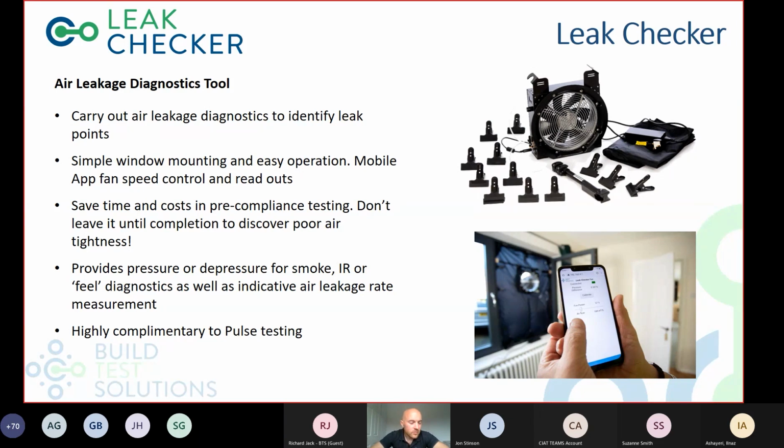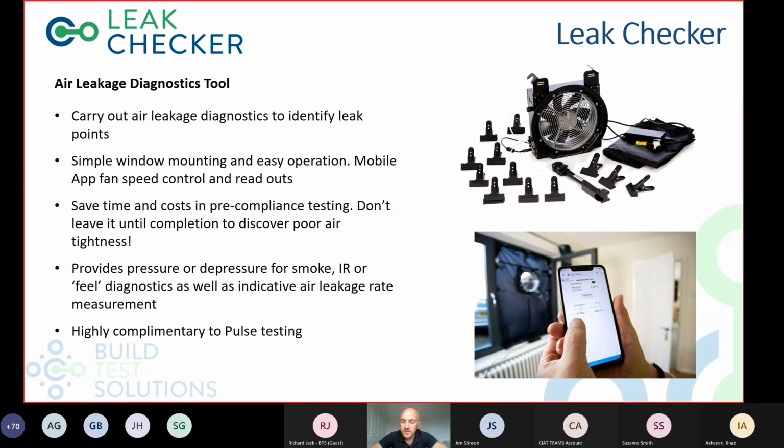At that point, all you can really do if it is leaking a lot is run around with a mastic gun or some expanding foam, which is not a lasting durable fix or a lasting durable air tightness barrier. So what we encourage is that a blower door fan and a specialist air tightness testing operator, or indeed our leak checker product, are both well suited for the intermediate kind of testing.